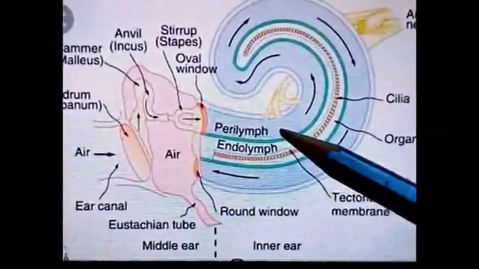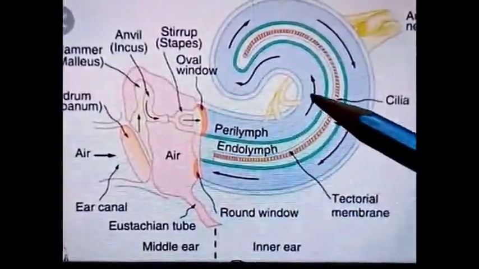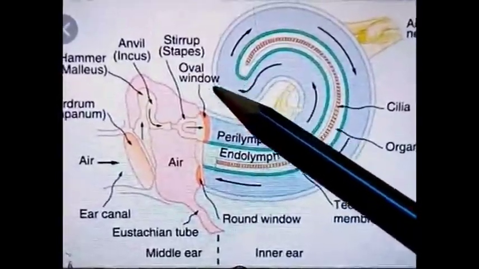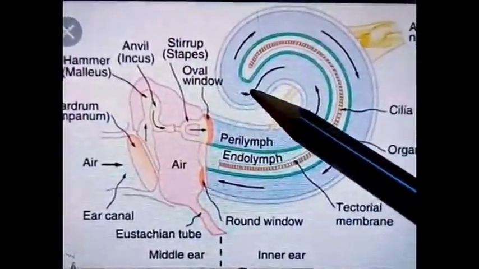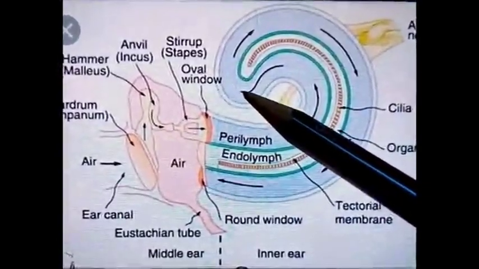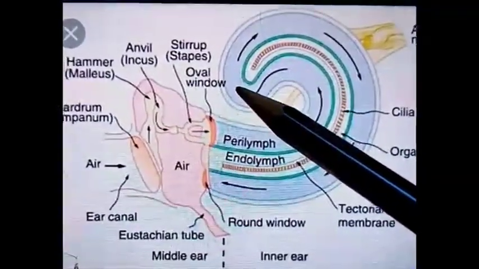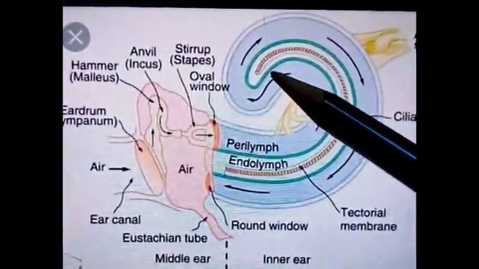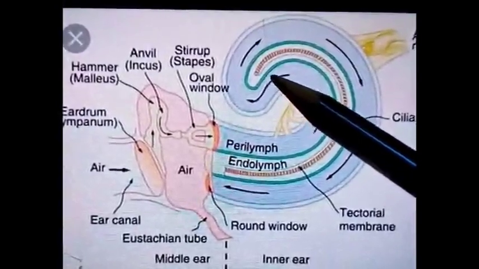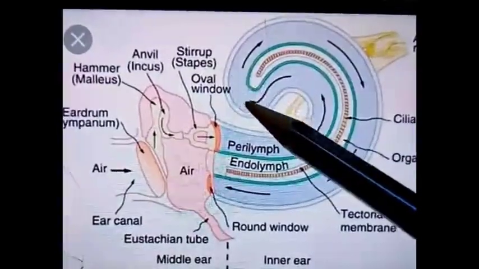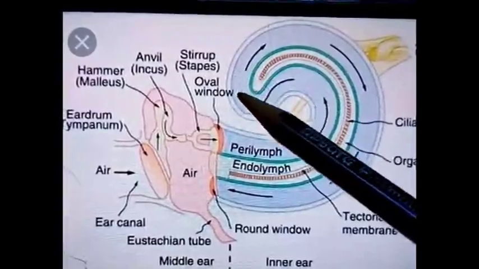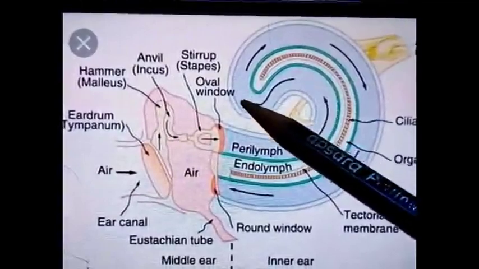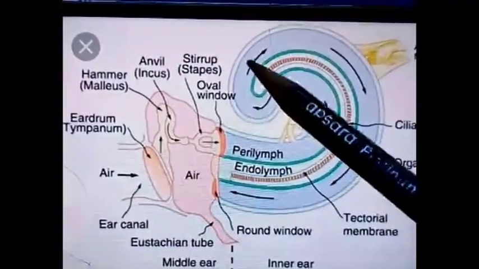Both scala tympani and scala vestibuli communicate with one another at the helicotrema, which is present at the apex of the cochlea. So the helicotrema is a small opening at the apex of the cochlea, at which point these two canals communicate with one another, and perilymph of one canal moves towards the other canal.